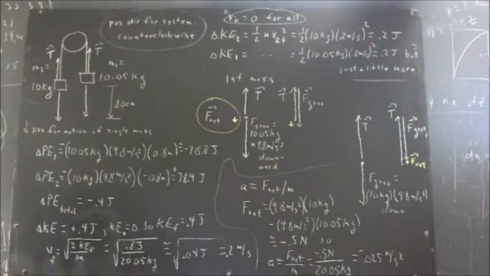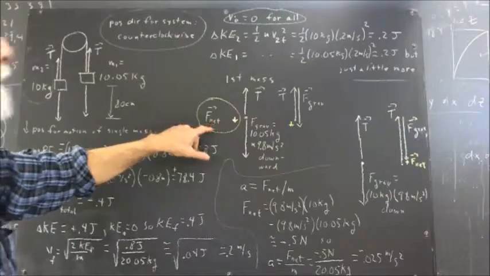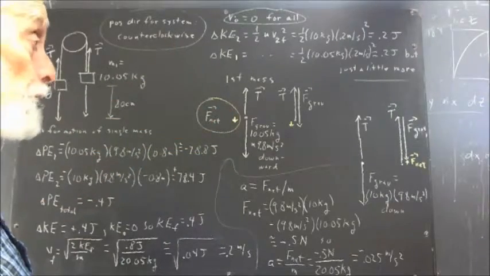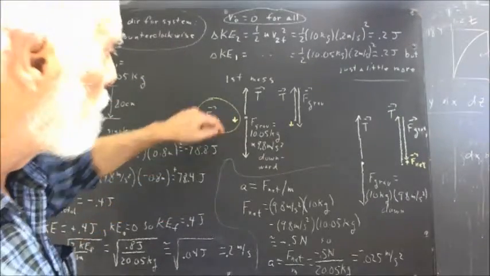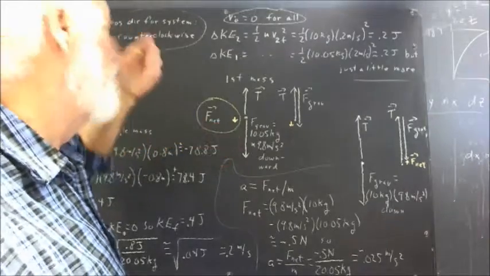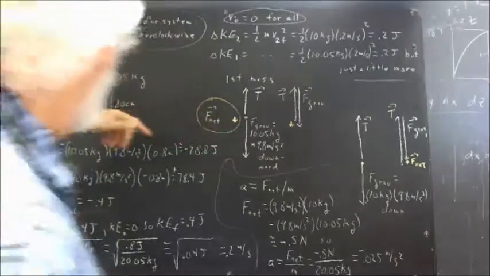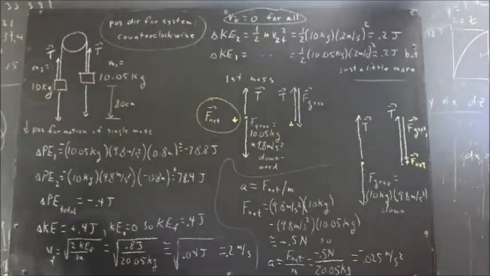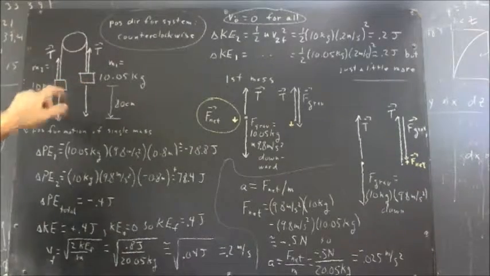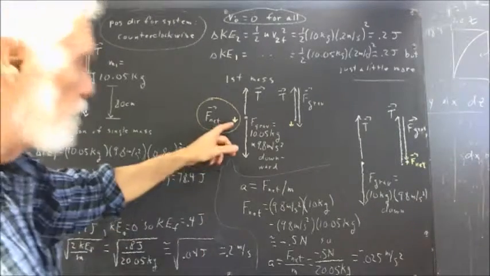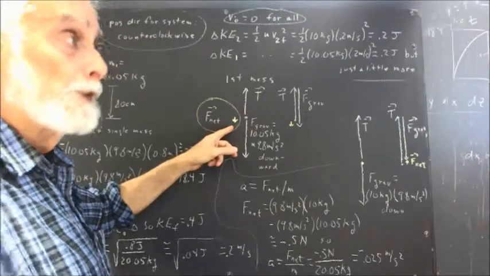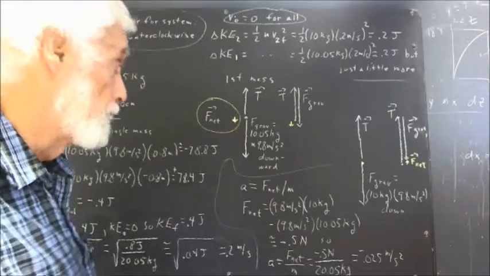And of course, we can calculate the net force if we know the acceleration of the system, and we'll get to that. Basically here we're going to be able to calculate the acceleration of this system. So we've got to get the acceleration of each mass, which allows us to determine the net force, because the net force is the mass times the acceleration.